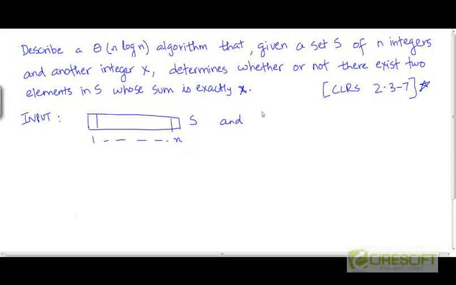And you're given another integer x, and you need to find out if there exist two elements in S which add up to x. So instead of searching for a given value in this array, you are asked to search for a pair of values in the array which add up to the given value.